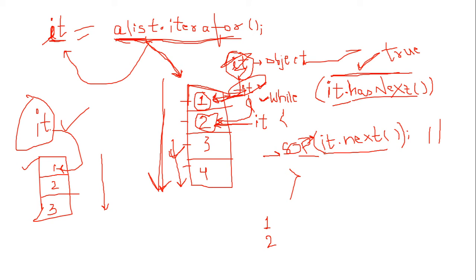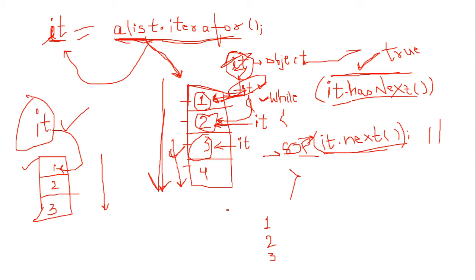With the help of it.next, it will now start pointing to this third element. Again we will check the while loop, and moreover it is pointing to this element, so with the help of system.out.println we can print it as well, so it will automatically print like this.